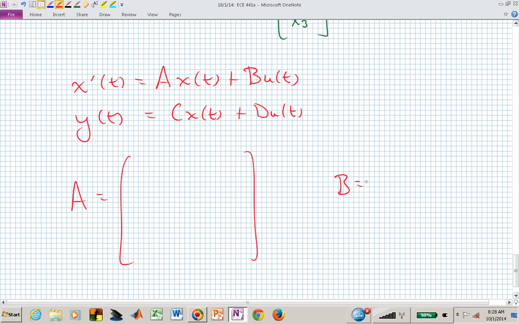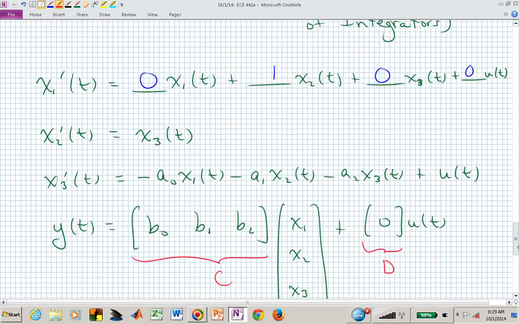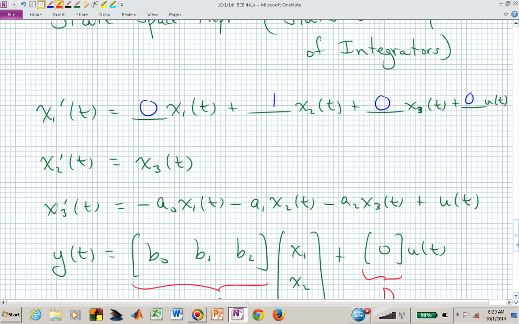What are the dimensions on our input matrix B? It has to have the same number of rows as I have states, which is 3, and I only had one input. This was a single input, single output. I have one column for B. And now I need to populate those matrices. What's in the top row of the A matrix?